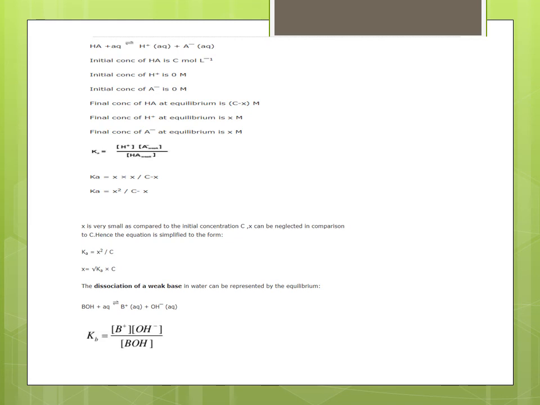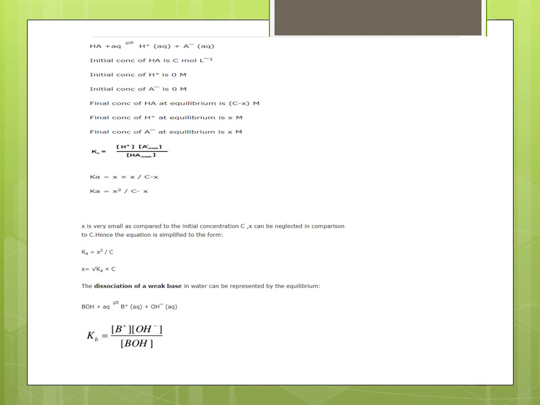So Ka is equal to X multiplied by X divided by C minus X, so Ka is equal to X square upon C minus X. X is very small as compared to the initial concentration C, so X can be neglected in comparison to C. Hence the equation is simplified to the form Ka is equal to X square upon C. X is equal to under the root Ka multiplied by C.